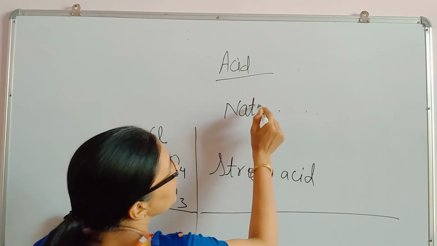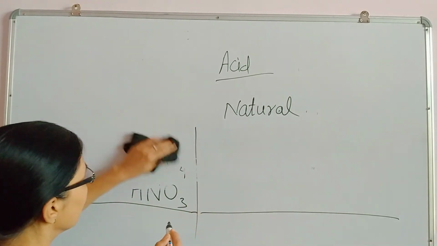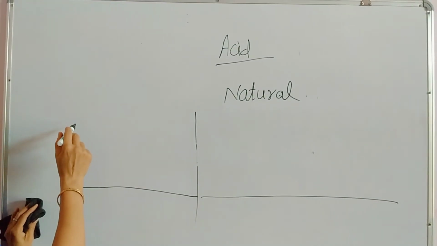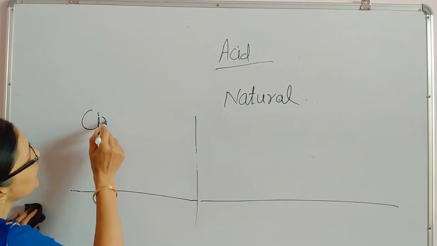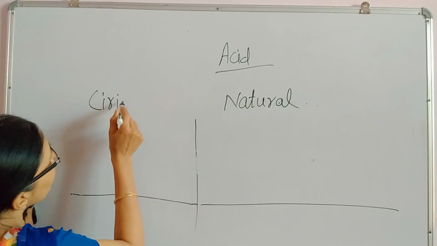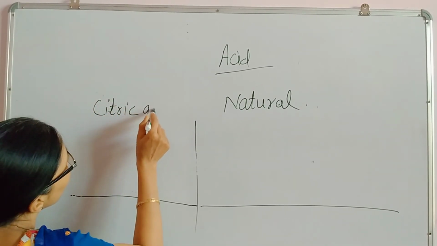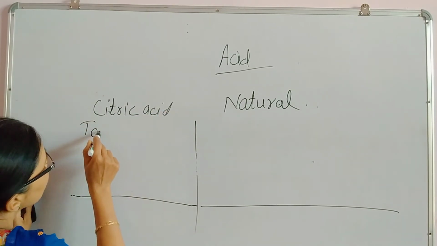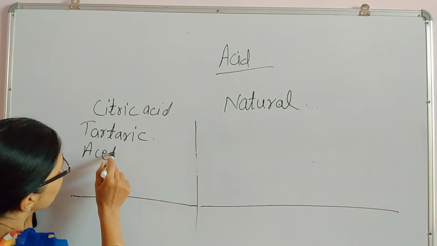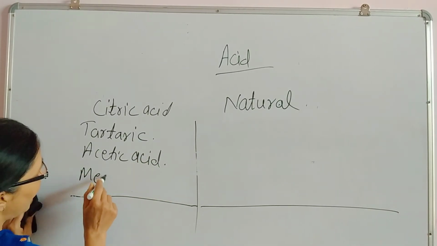In natural acids, you can say citric acid, tartaric acid, acetic acid, methanoic acid or formic acid.